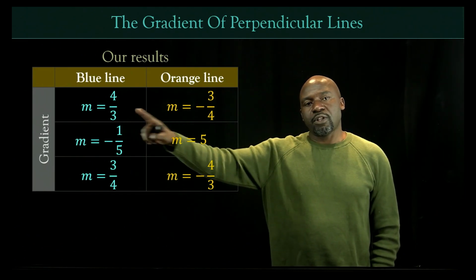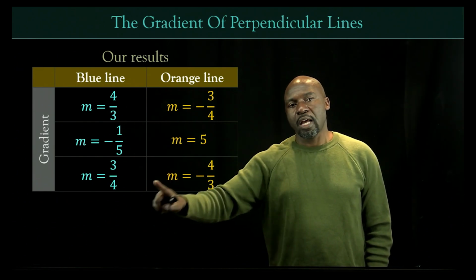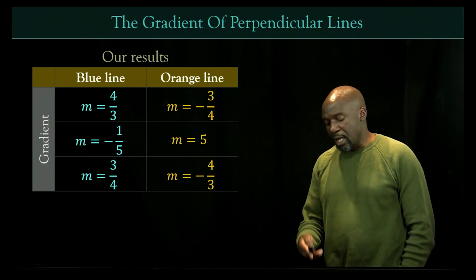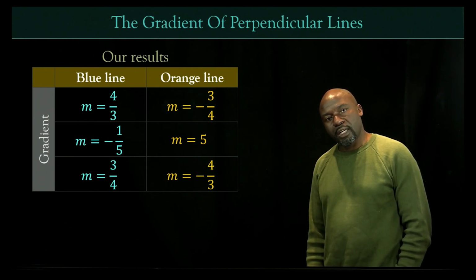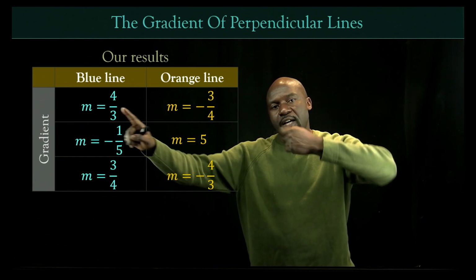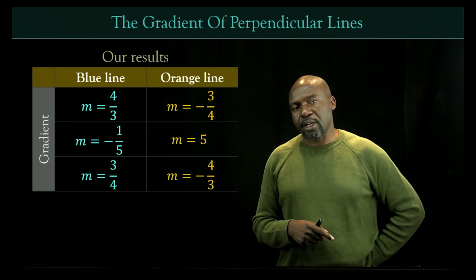Whatever you see here, the same rule is also applying to these two and to those two. Take a moment and think about it, and if you have thought about it, you should notice that if you take the gradient of that, flip it over and make it negative, you get the gradient of the line that is perpendicular to it.